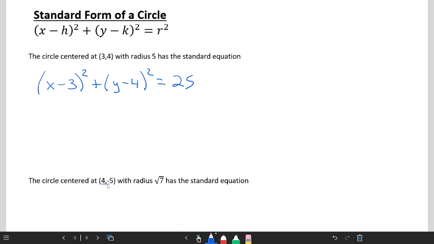If the center is 4, negative 5, and the radius is square root of 7, we're going to substitute 4 for h, and we're going to substitute negative 5 for k. Notice the formula already says y minus k, so here that would be y minus negative 5, which we could just write as y plus 5.